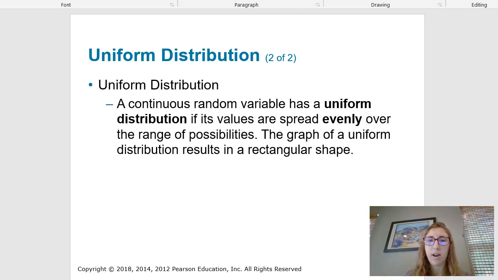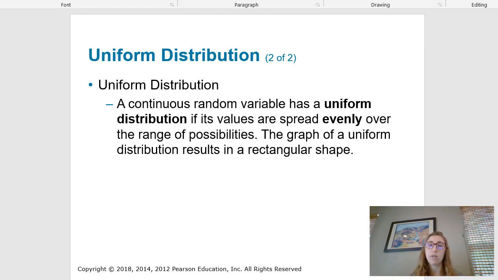So just to describe this again, a uniform distribution represents our continuous random variable. Continuous means what? Continuous is describing a variable that has decimals that can go on forever, like height or weight or length or time. You can be 6.23498 inches.